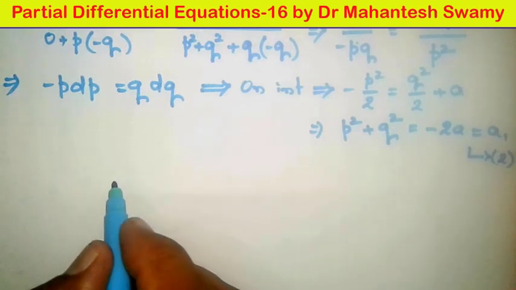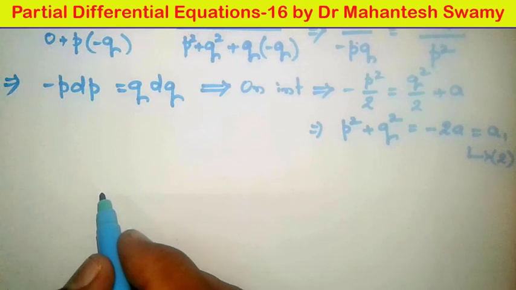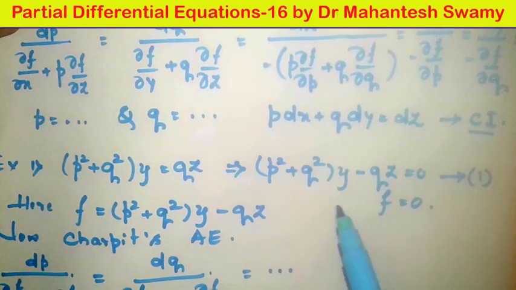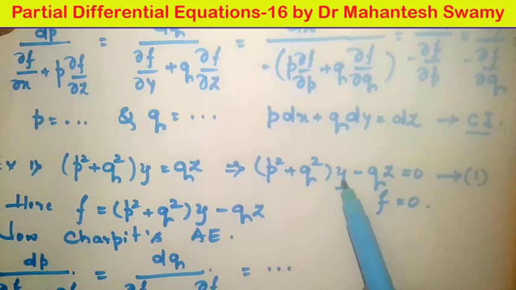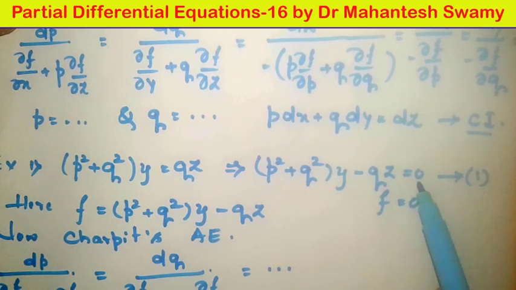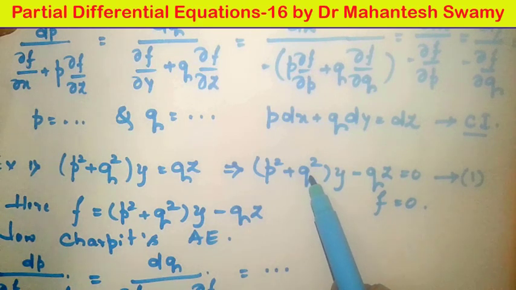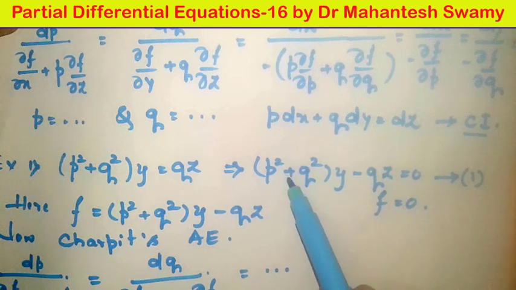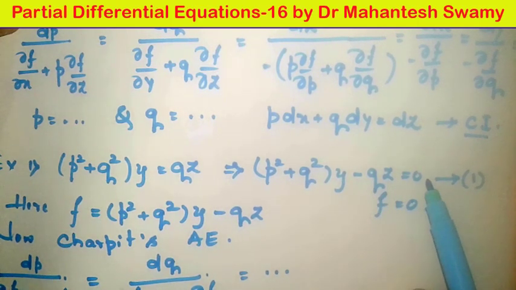Now we can consider one important relation, that is the given equation p square plus q square into y minus qz equal to 0. p square plus q square value we have obtained now as a1, therefore it is going to be a1 into y minus qz equal to 0.